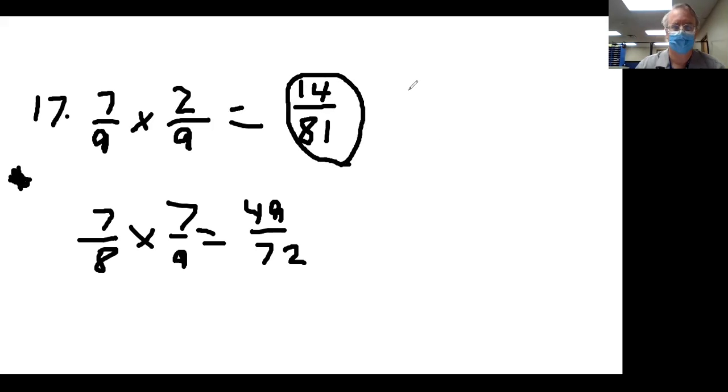Just like before, sometimes you need to reduce the fraction, just like we did in previous exercises. But in this case, this has already been reduced to its lowest possible fraction.